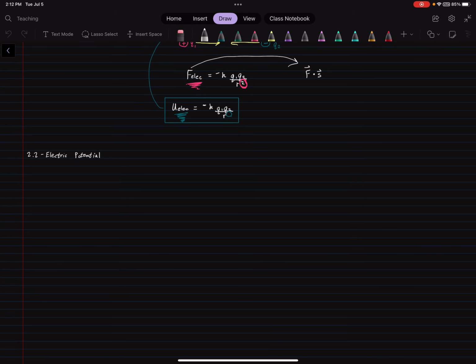Electric potential. For the electric field in lecture 1, E was equal to force per unit charge. And we found that it was more useful to express a particle's mass-scaled acceleration on a per unit charge basis.